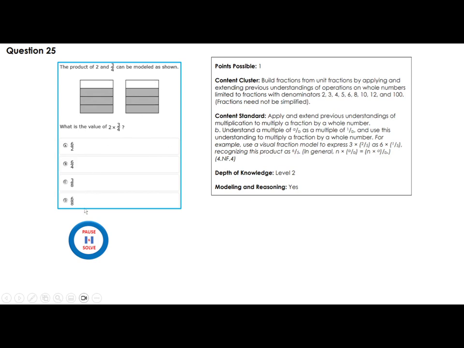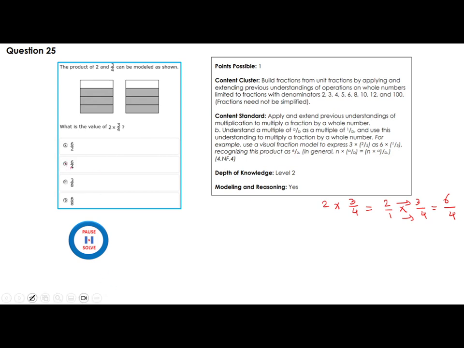Or you can say 2 times 3 over 4 is equal to 2 over 1 times 3 over 4. You multiply here and you multiply here, you get 6 over 4, which is this one right there.